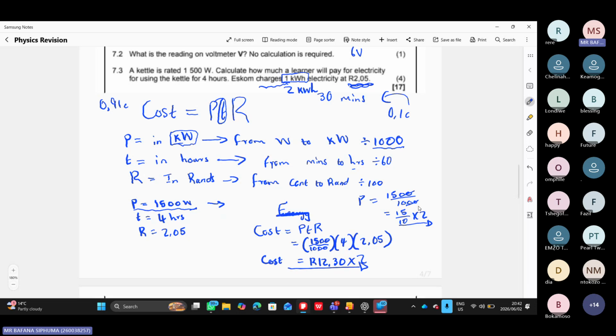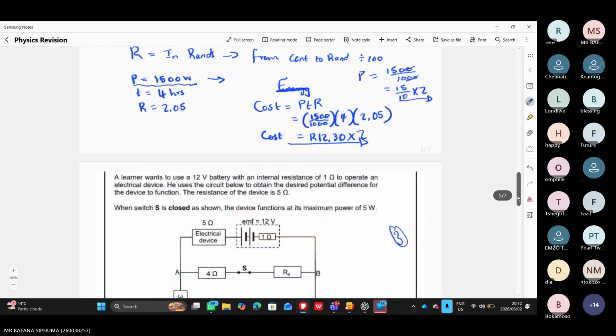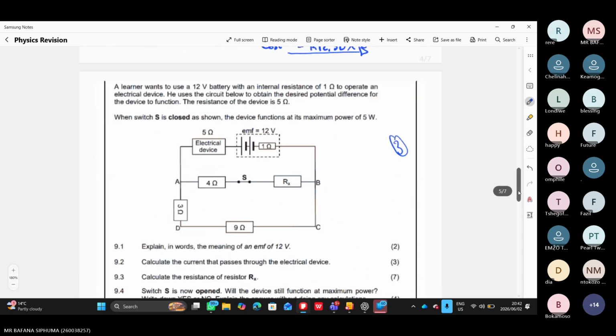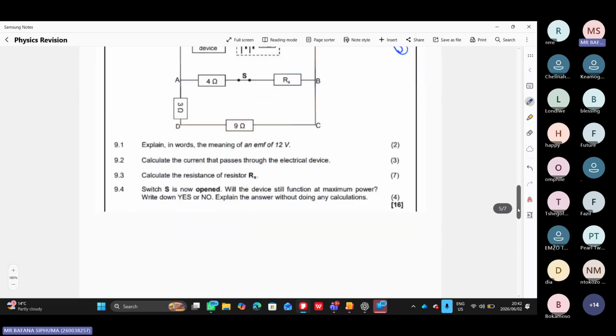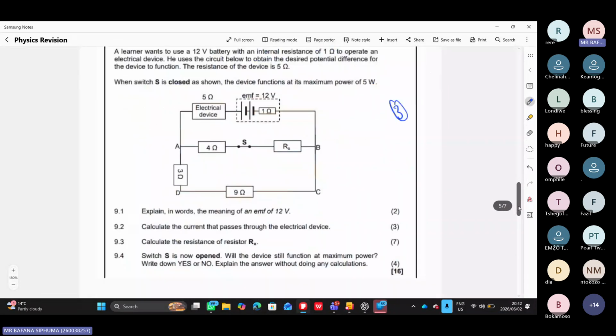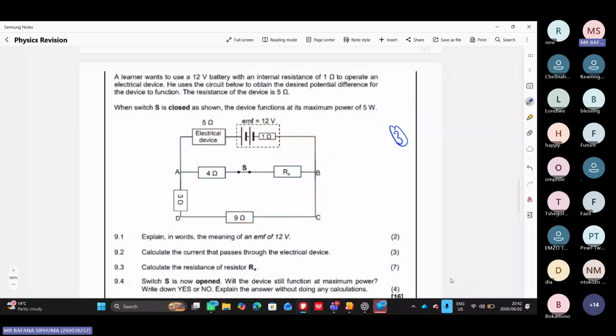So if it's 1 kilowatt per hour, they're charging 1 kilowatt in each 1 hour. Because I think I saw a question that is a different scenario to this one. But I will show you the question. I have it. I'll send it on my channel so that everyone can access it.